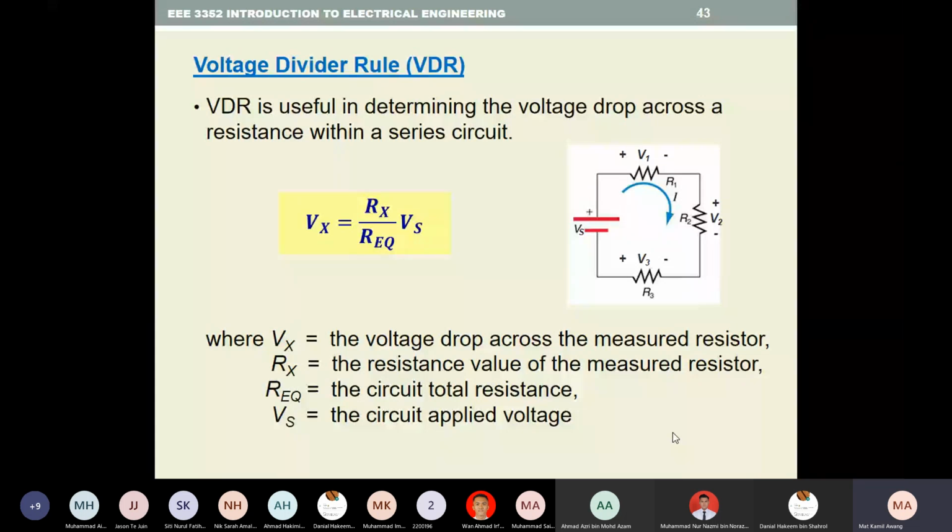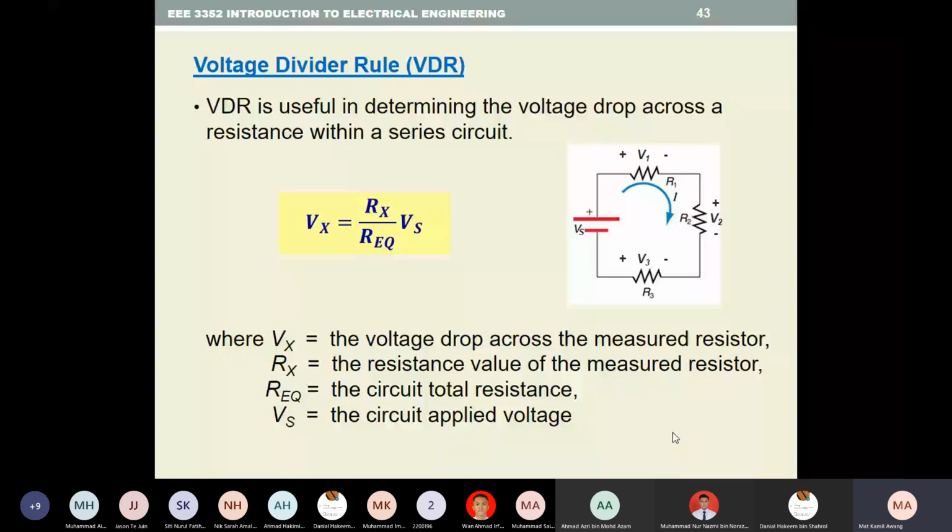Okay, so the voltage across each resistor can be calculated using the voltage divider rule. For example, if you want to find the voltage across R1, therefore V1 is equal to R1 over R equivalent times VS, the voltage source. So that is the formula.